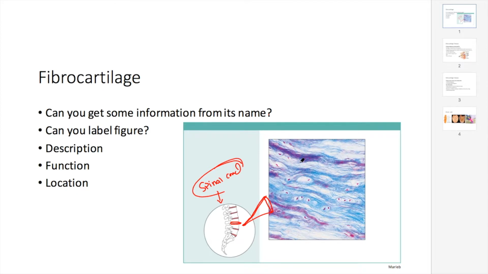Okay, what do you think these rows are? These rows are thick and nicely arranged, right? We didn't see this type of scenario in hyaline cartilage, but here we have thick fibers running parallel, or looking parallel, arranged very tightly. So I think these are some kind of fiber.